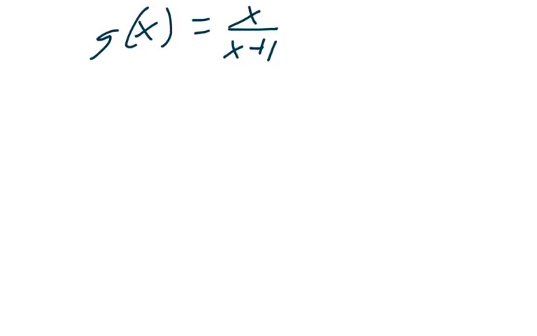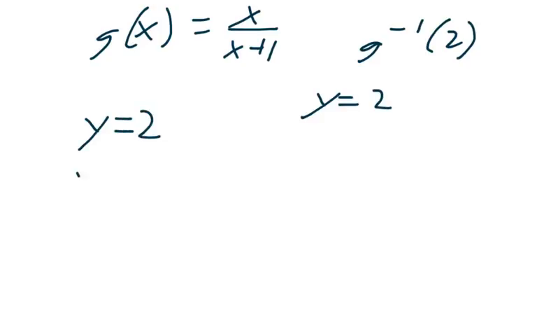Alright, so the first thing that we have is we're trying to find the inverse of 2. So the easy way to do this, because I don't really want to do this, is because this is basically saying that y equals 2. So what I'm going to do is, in my calculator, I'm going to do y equals 2 and y equals x divided by x plus 1.